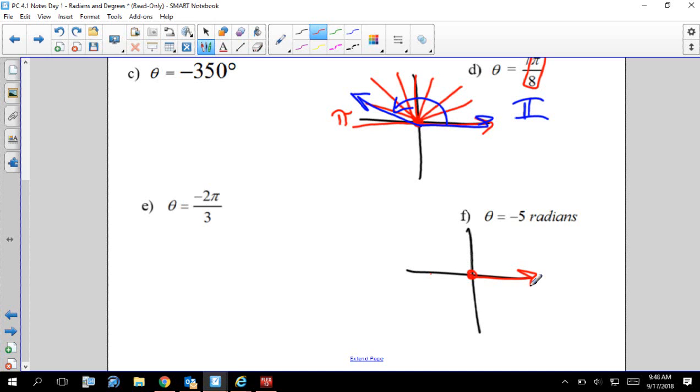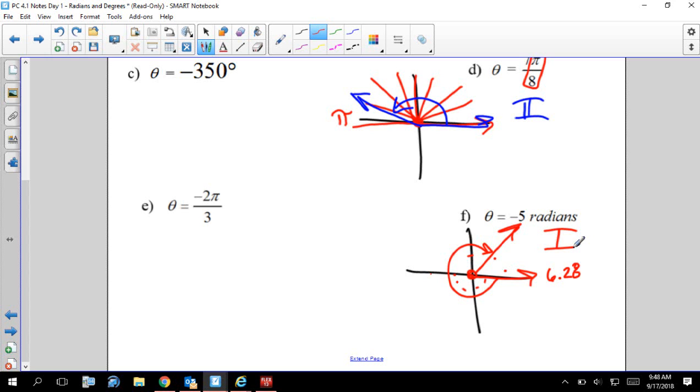I know all the way around, and this was going negative, all the way around is 6.28. So 5 is going to be, I don't know, about here-ish. Quadrant 1. Remember, negative goes down. So if there's not a pi, then you have to use that decimal picture.